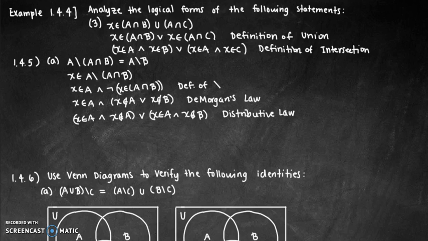Now you might notice that on the left side we have a contradiction here because we have an AND. X is an element of A and X is not an element of A, and that's not possible. So the key thing to notice is that this is a contradiction. Therefore, we need to look at what our contradiction laws say.